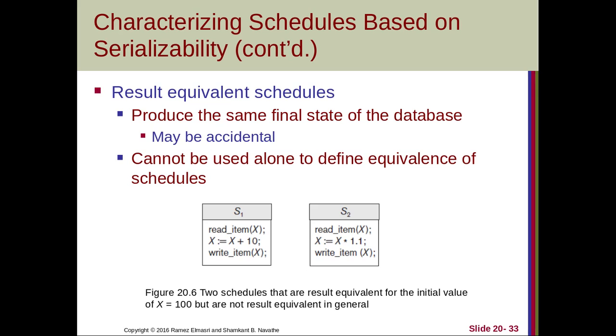Initially X = X * 1.1 means 100 * 1.1 again is 110. So both of them result in the same result. That means they are result equivalent. This cannot be used alone to define equivalence of schedules.